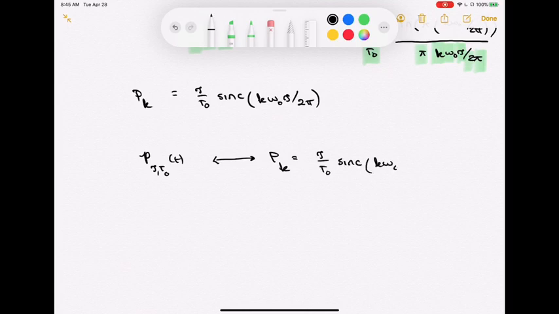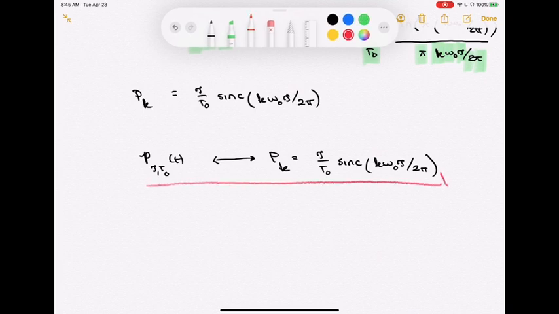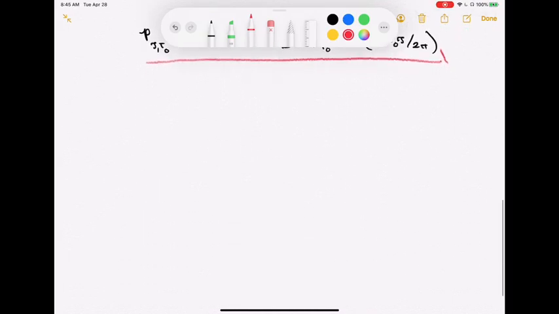K omega naught tau by 2 pi, something like that. Now I'm just going to set this aside and call this a known distribution. We'll make use of this in our example that we're going to work on.